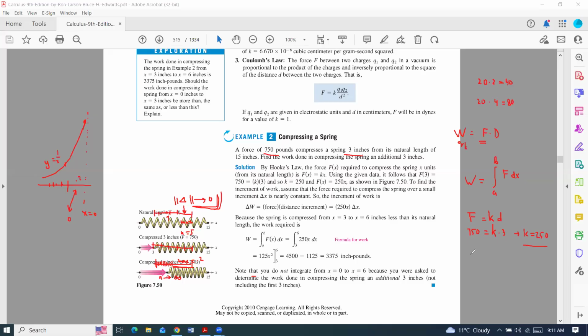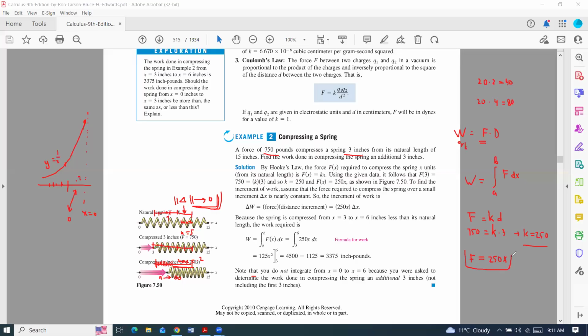So that's straightforward. I'm sure you did it if you took a basic physics class. And then 250 you put back in the formula. I think we even did this when we had intermediate algebra a while ago.